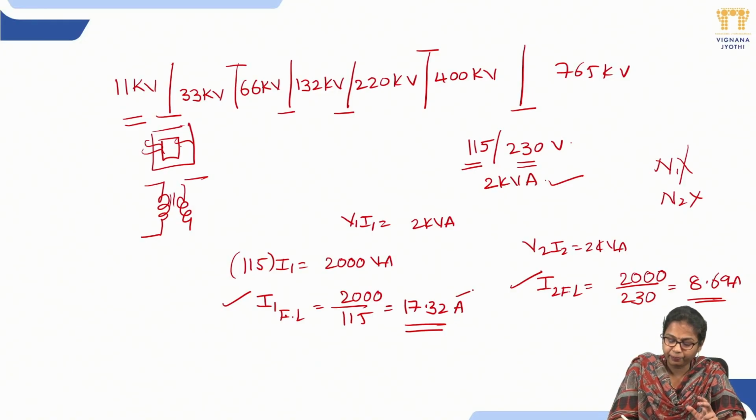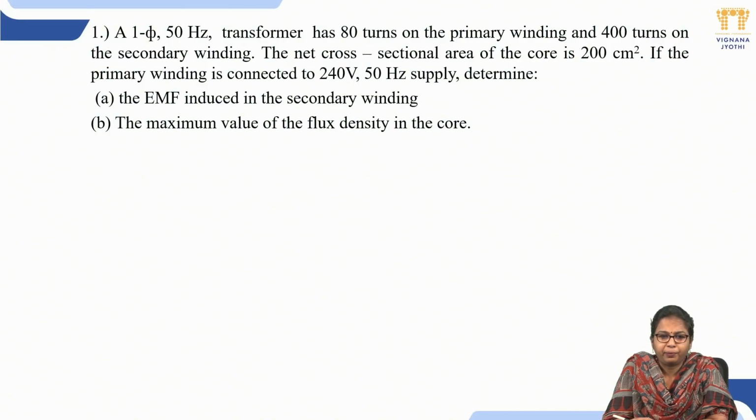Without exceeding these values, you can keep on increasing the load on your transformer, and depending upon the type of load you apply on the secondary, we'll be calculating the efficiency. Without observing this, we cannot, because these are the full load primary current and full load secondary current. Let us solve some numerical problems.